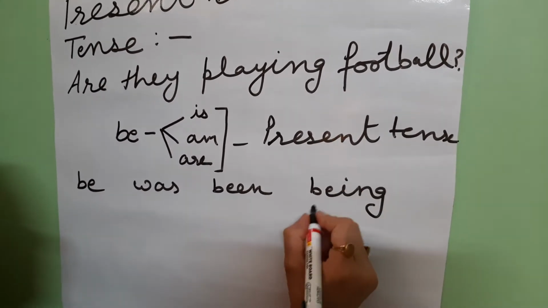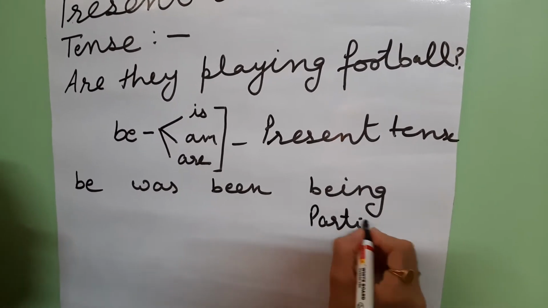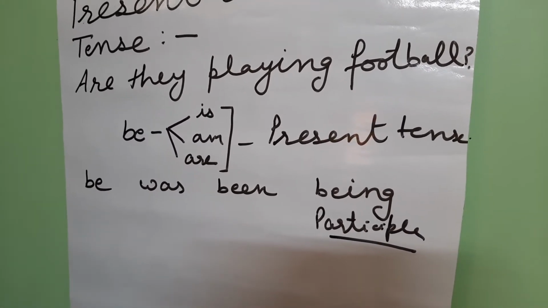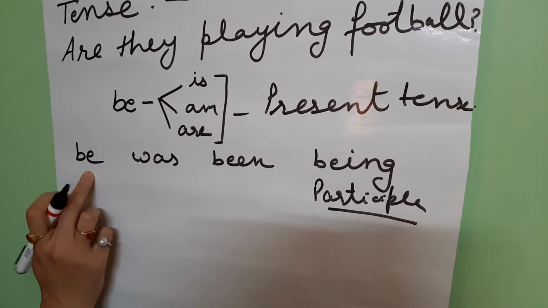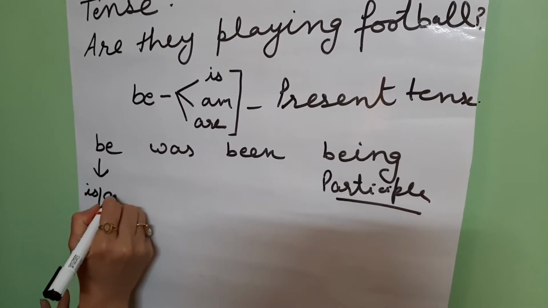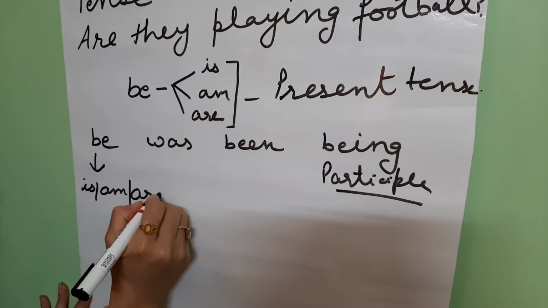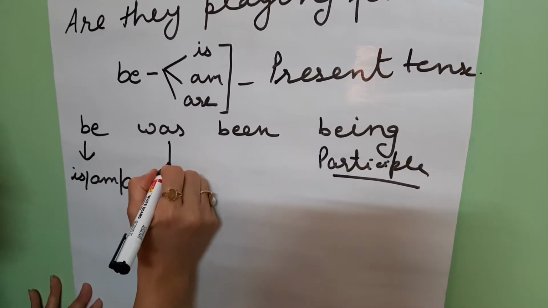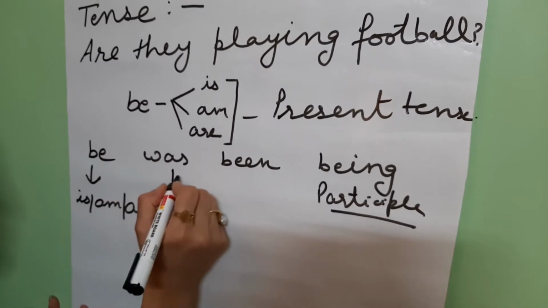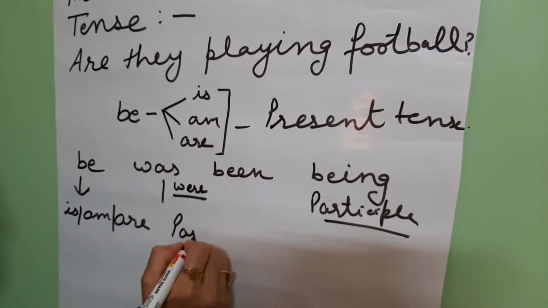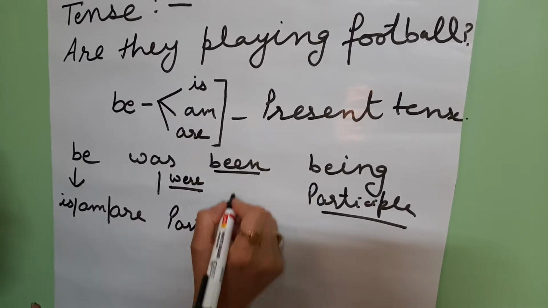That is participle form. This is the present form, the is, am, are. These three are in present tense, and was and were are used in past tense, and this one is in perfect tense.